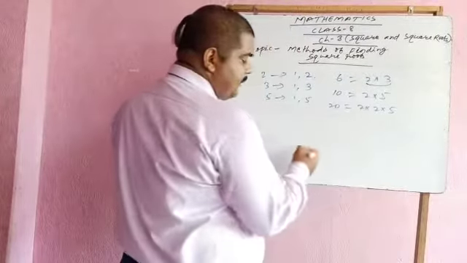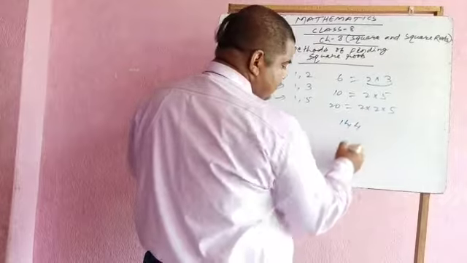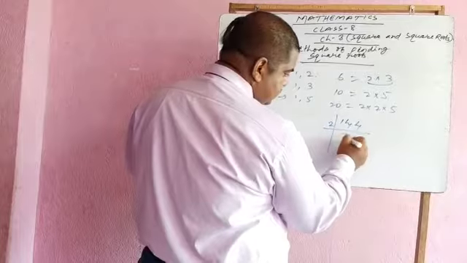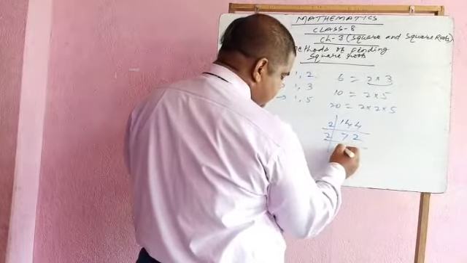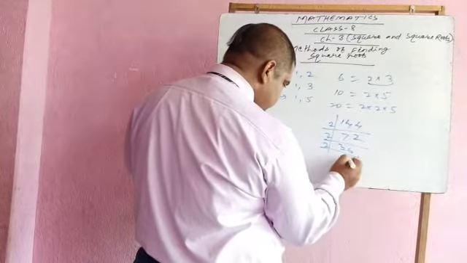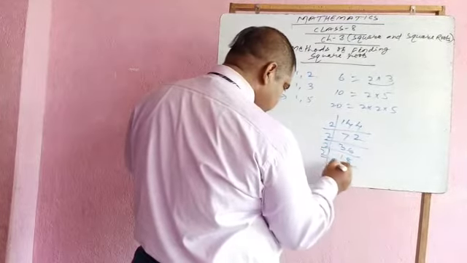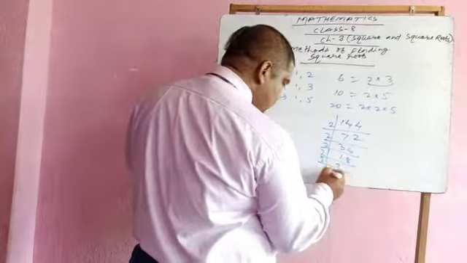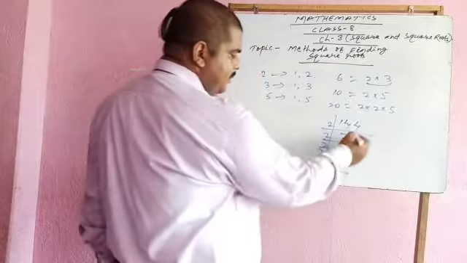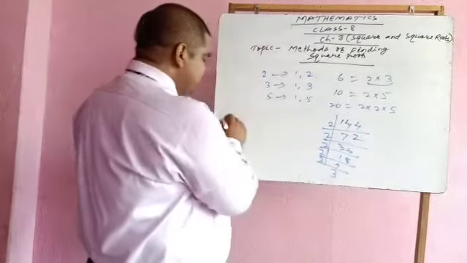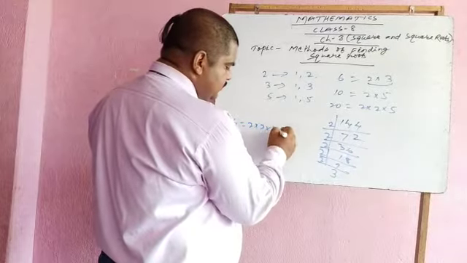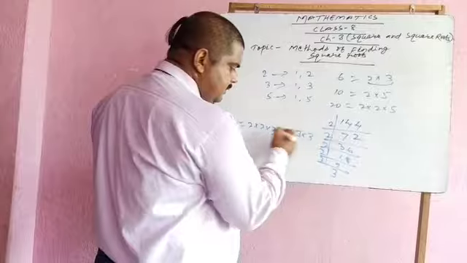For example, 144 can be obtained this way. You can see that it can be written this way also. And what is its meaning? Its meaning is 144 is equal to 2 into 2 into 2 into 2 into 3 into 3.